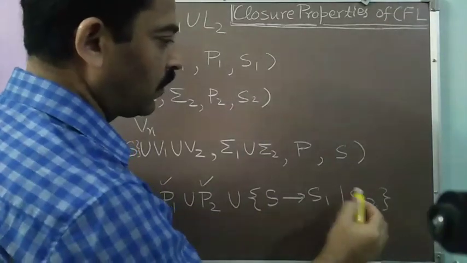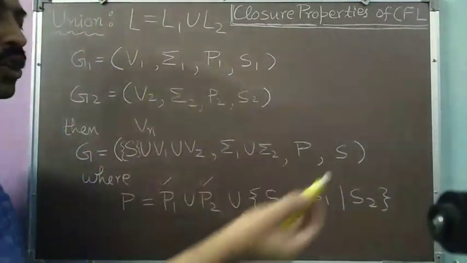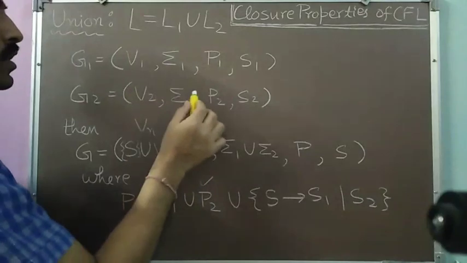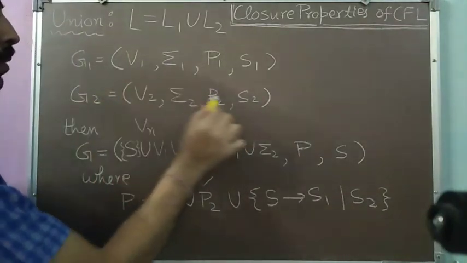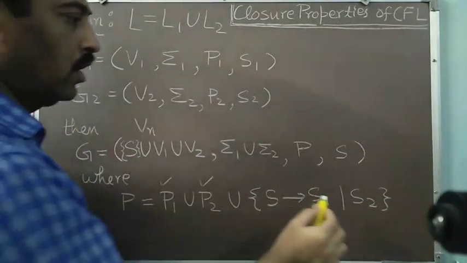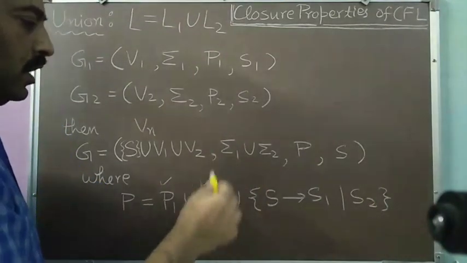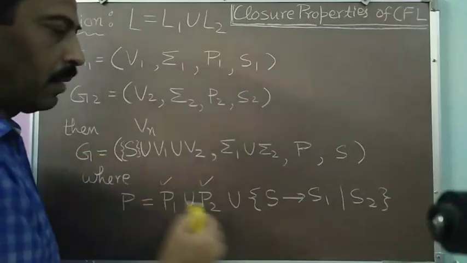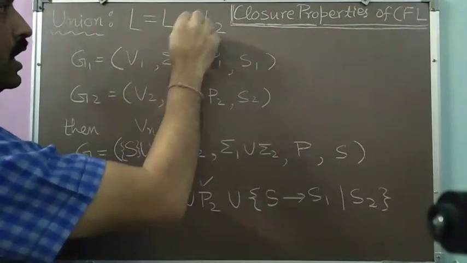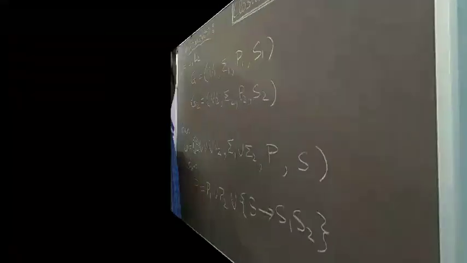Similarly, if we reach S2, from S2 we can reach any word which is part of the language represented by the grammar G2, that is L2. That's why our grammar G will be able to generate all the words which are either in L1 or in L2.